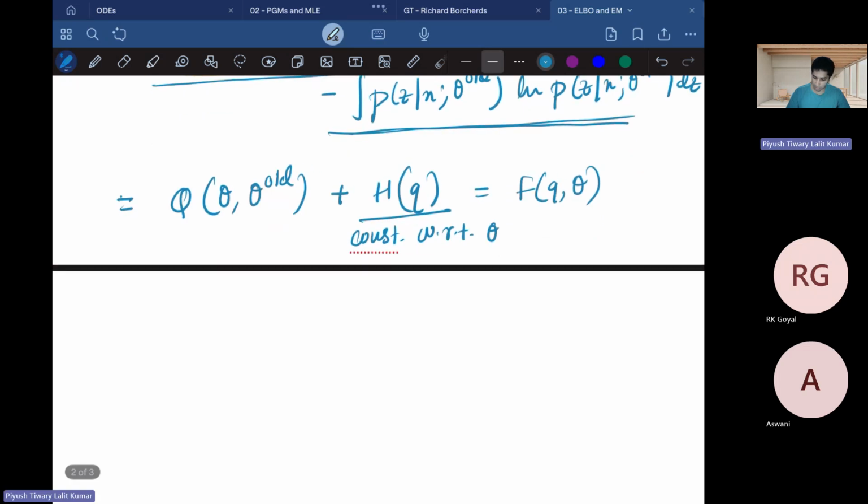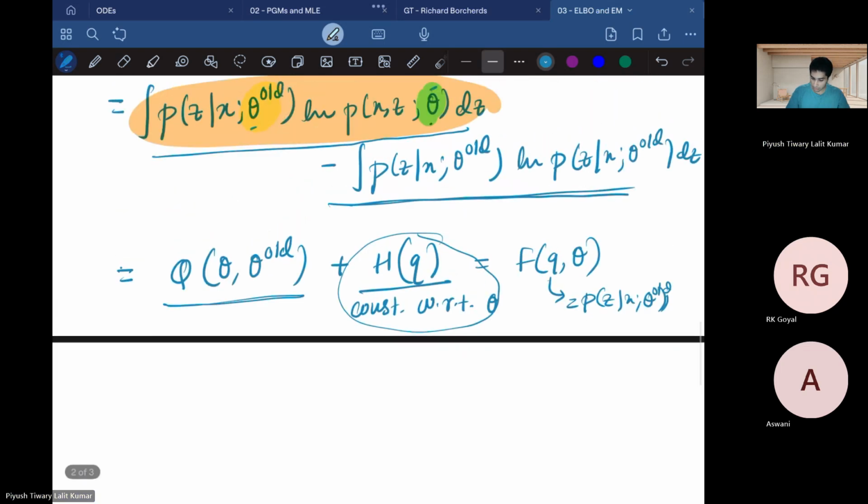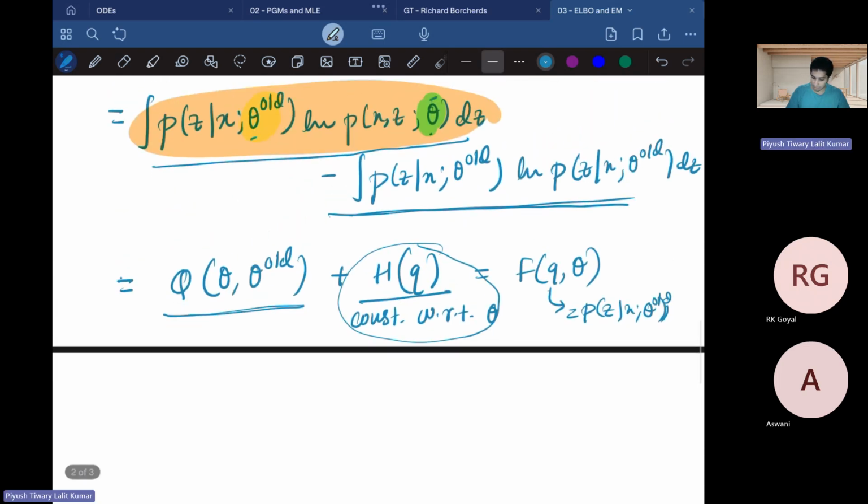So what we have done is first substituted Q to be equal to P of Z given X theta old. Now we want to optimize on theta. If we want to optimize on theta, this term is not going to play any role; only this Q term is going to play that role. Is that clear?